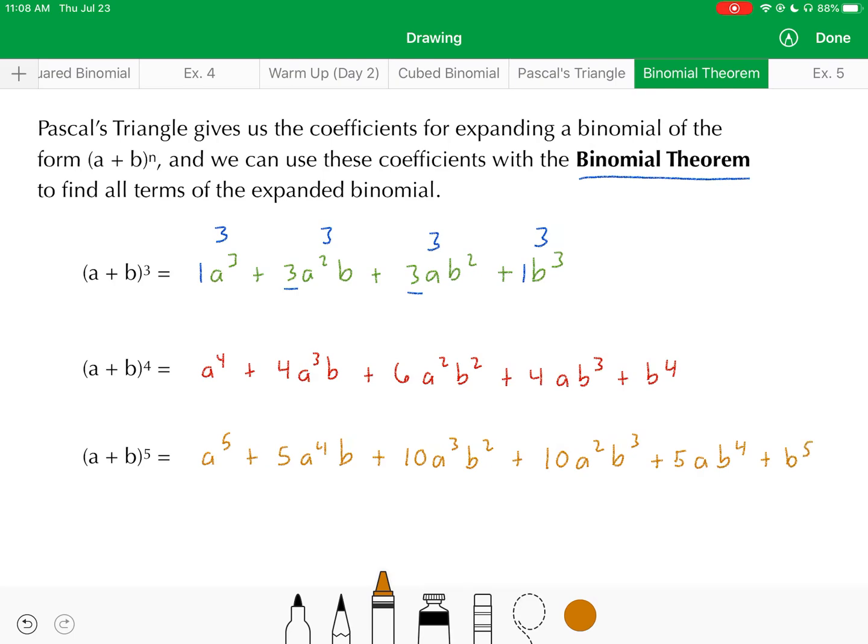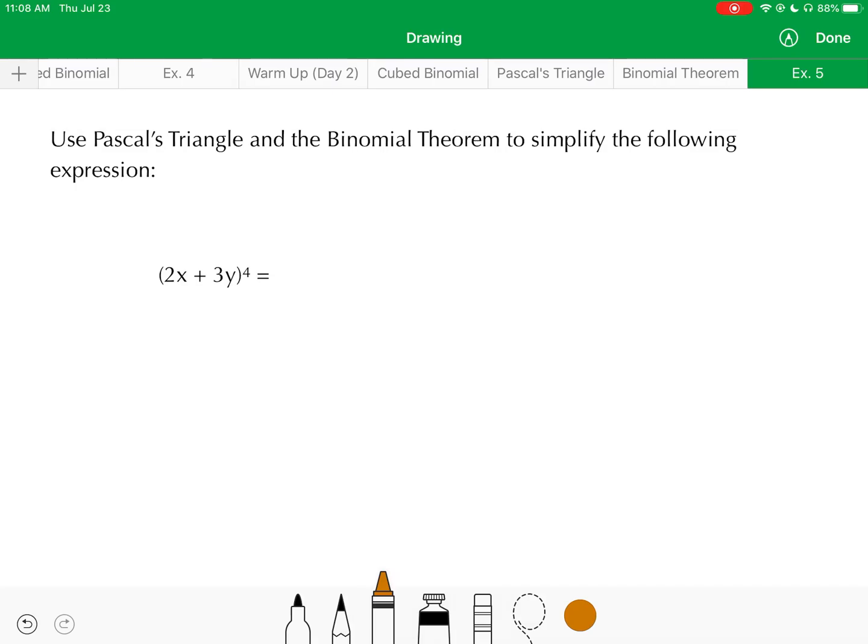Now let's take this a step further, and let's use Pascal's triangle and this binomial theorem to simplify 2x plus 3y raised to the fourth. We just reasoned out on the last slide that a plus b raised to the fourth should be equal to a to the fourth plus 4a cubed b plus 6a squared b squared plus 4ab cubed plus b to the fourth.